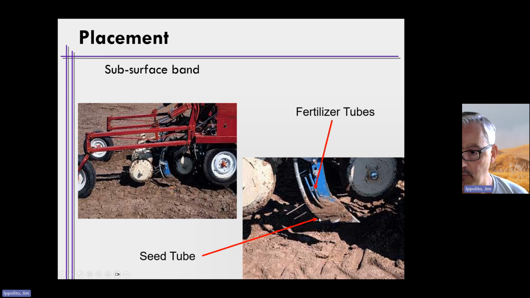Say it comes out right where this red arrow is. The fertilizer tube, or the potassium fertilizer, actually comes down this tube, and it's emitted here. And these are either offset. If they're in line, the fertilizer is approximately 2 inches below the seed. And if they're offset, it would likely be offset 2 inches to one side or the other of the seed itself. Okay.